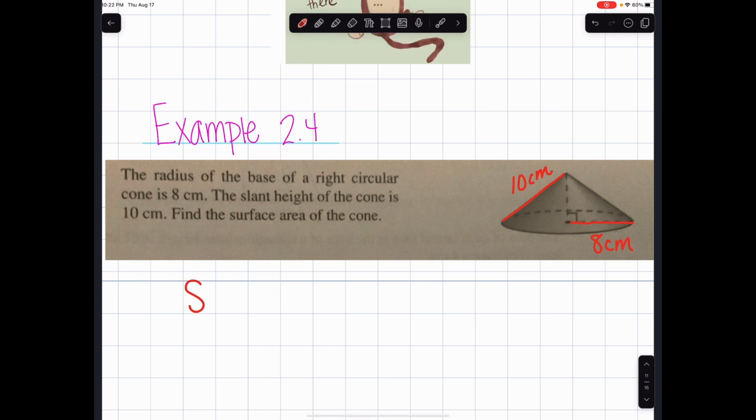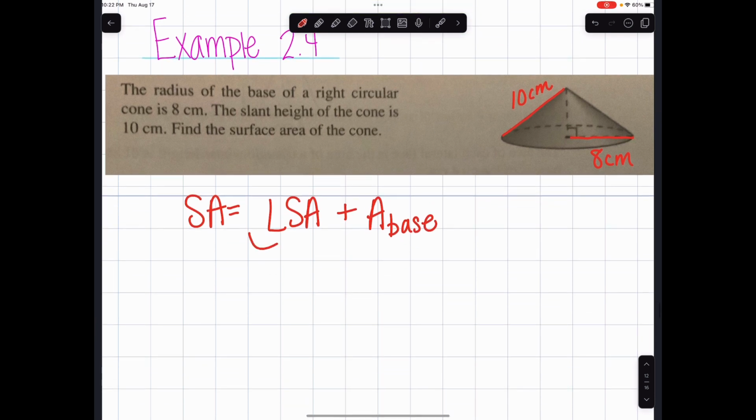So the surface area is going to be the lateral surface area plus the area of the base. The lateral surface area we just discussed is going to be "pearl," which is pi times the radius times the slant height.